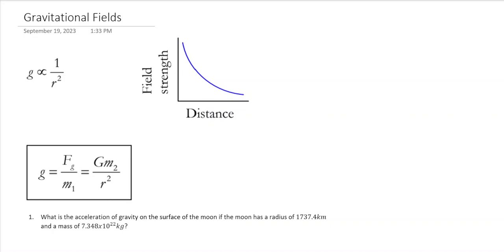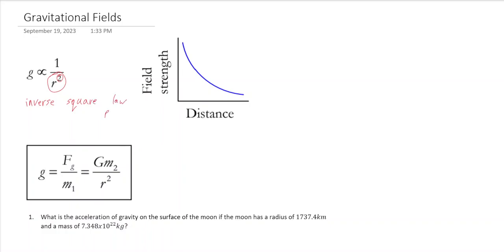So the first thing you need to keep in mind with gravitational field is that it really depends on your radius. Your radius is the most important thing when you're talking about gravitational field strength, the acceleration due to gravity, right? Because the radius is squared. So this is called an inverse square proportionality, or inverse square law.